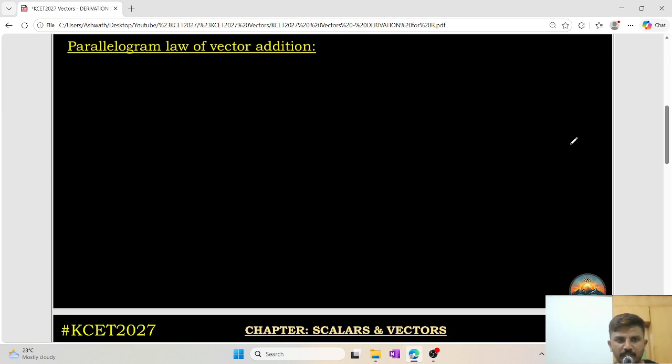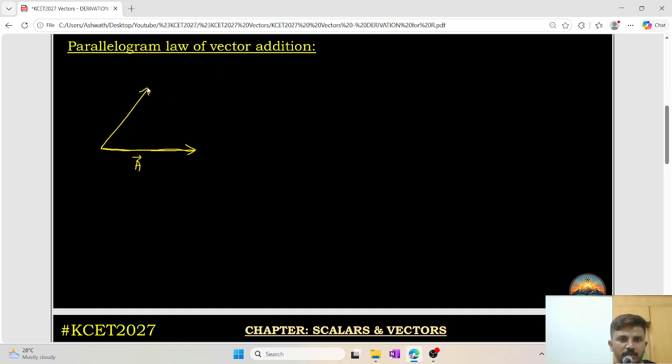First I will draw the diagram for the parallelogram law of vector addition. Let me consider vector A is in this direction. This is vector A. So I'm joining the tail of vector A with vector B, that I can consider like this. Yes or no? Okay.